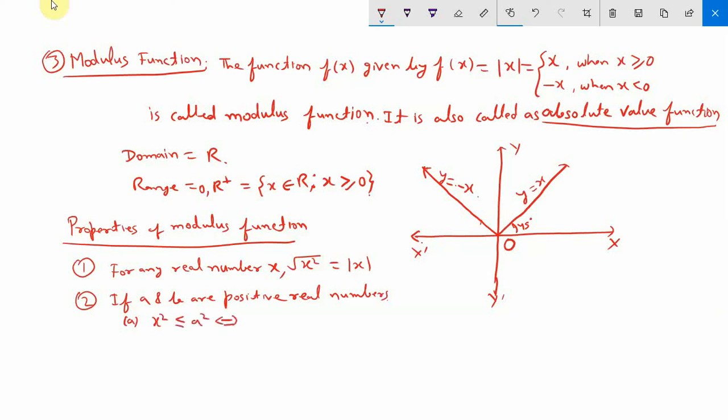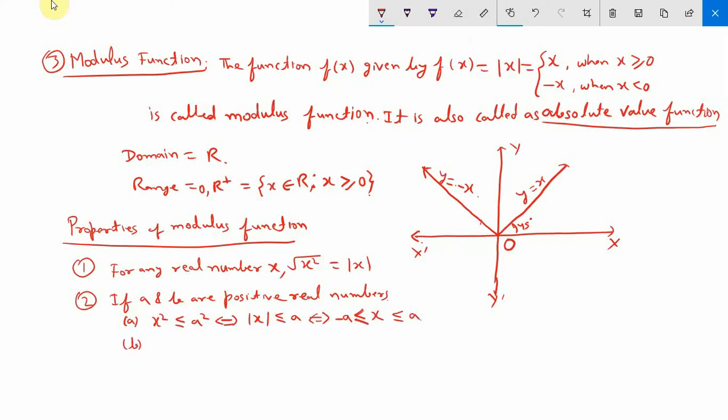It implies mod x is less than or equal to a, and from this we will get x is greater than or equal to minus a and x is less than or equal to a. That is, x will lie between minus a to plus a. Write clearly, minus a, this is x is greater than or equal to minus a.